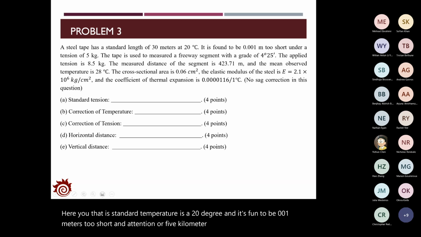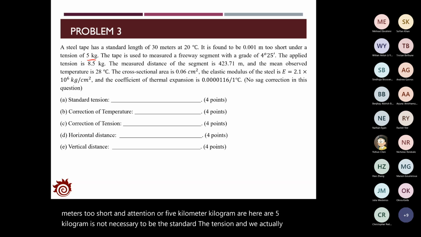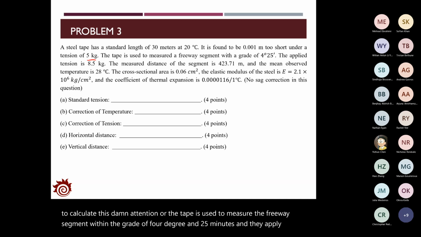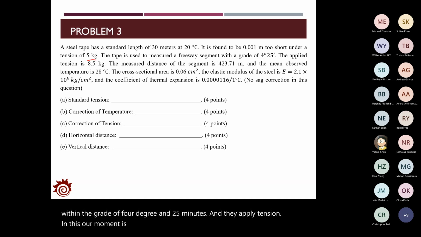Here, 5 kilograms is not necessarily the standard tension, and we actually need to calculate the standard tension. The tape is used to measure a freeway segment with a grade of 4 degrees and 25 minutes. The applied tension in this measurement is 8.5 kilograms.